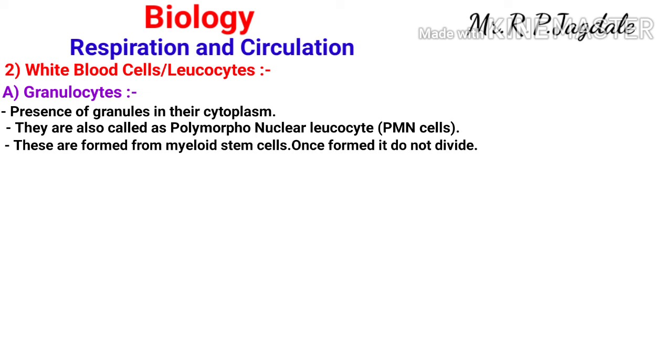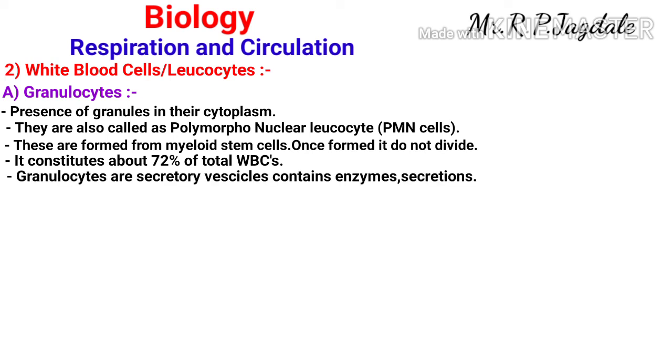Once they are formed from the myeloid stem cells, they do not divide. Granulocytes constitute about 72% of the total WBCs, as we have already seen. Actually, granulocytes are secretory vesicles which contain secretions and enzymes.